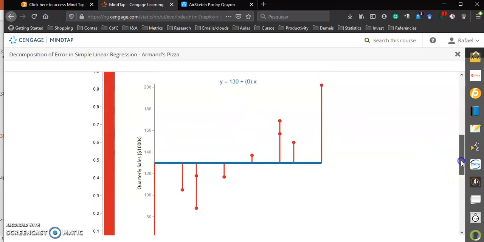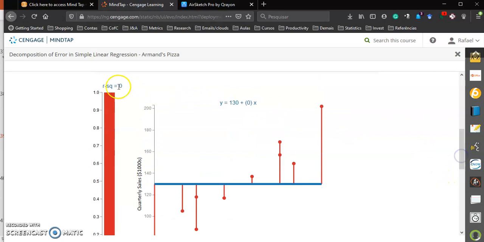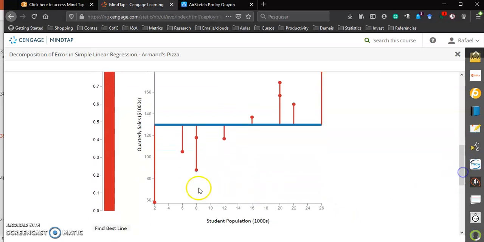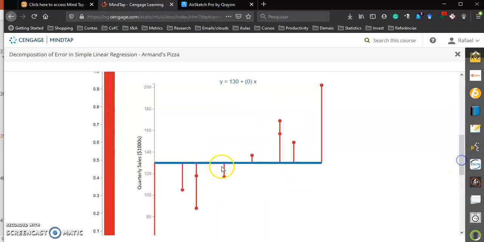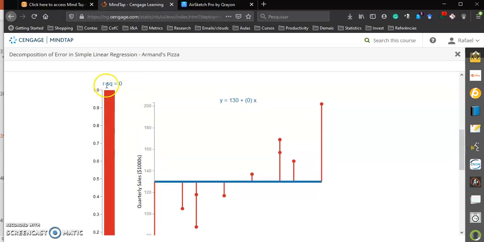So this model doesn't explain anything. Look, the R-square. R-square is 0. So modeling sales using student population according to this linear model here doesn't explain anything. Remember, R-squared, the coefficient of determination, is 0. So we have a source of error here.